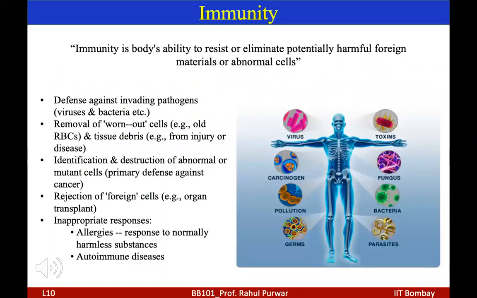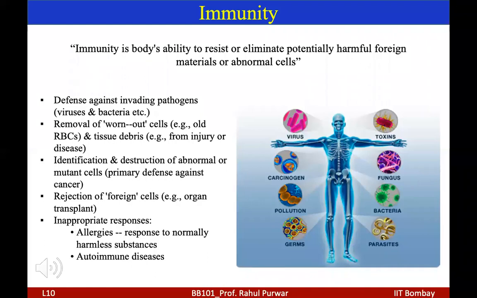In very simple words, immunity is your body's ability to resist or eliminate potentially harmful foreign materials or abnormal cells. What are these harmful foreign materials or abnormal cells? For example, viruses, including SARS-CoV, this novel coronavirus.